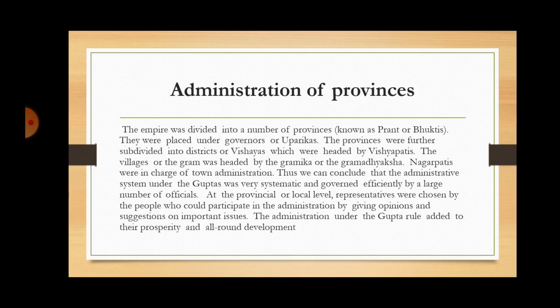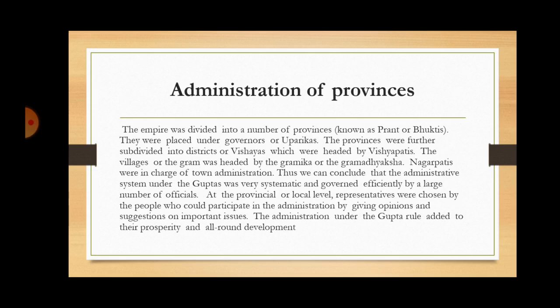They were placed under governors and uparikas, and the provinces were subdivided into districts, and the head was Vishayapati. The villages or Gram was headed by the Gramika or Gramadhyaksha. Nagarpatis were in charge of town administration.